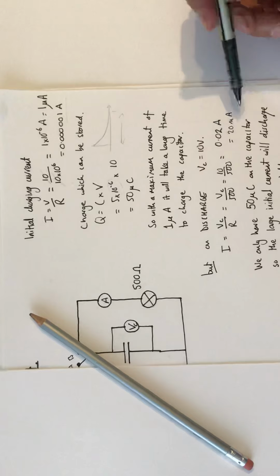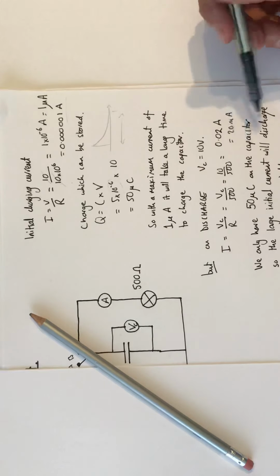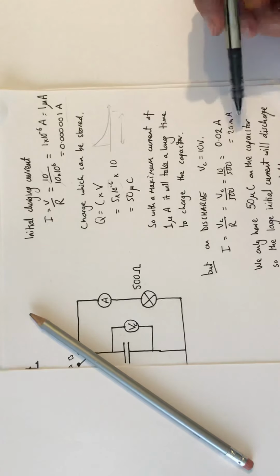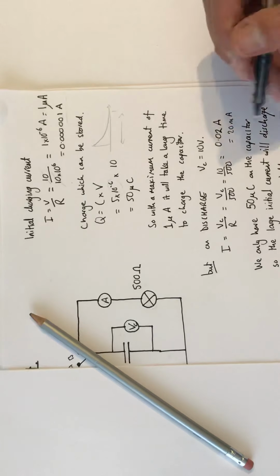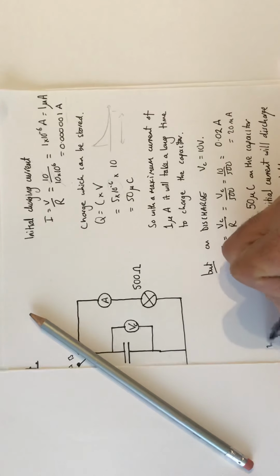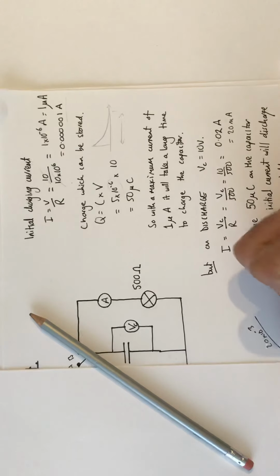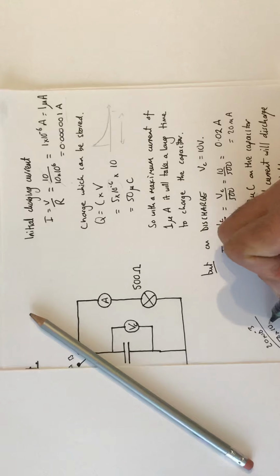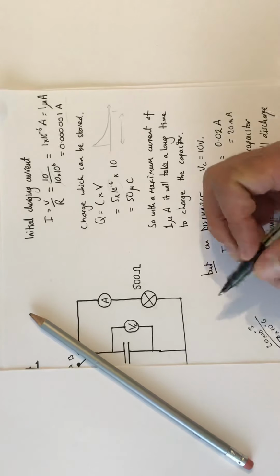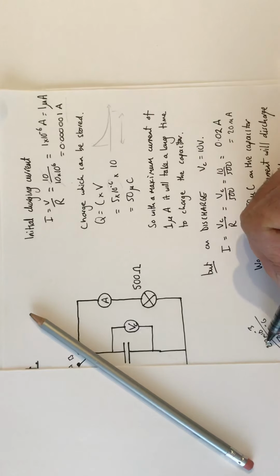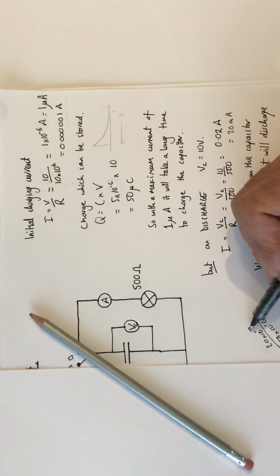So we've roughly got something like 20 times 10 to the minus 3 divided by 50 times 10 to the minus 6. You can see that I've got 2/5, essentially, and I could cancel that out.